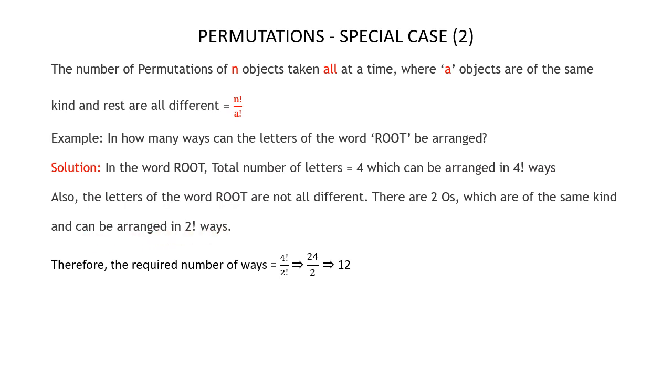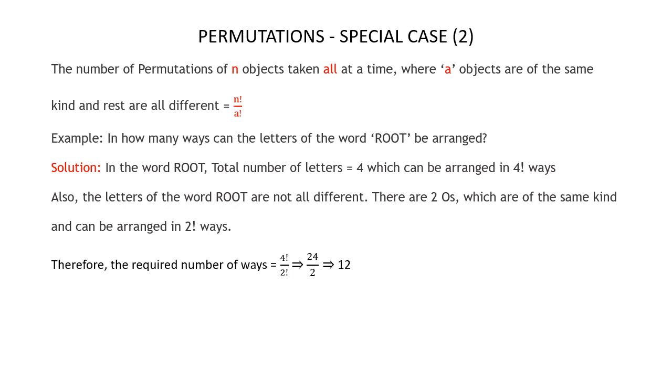Observe here that n is the total number of objects, which is the total number of letters in the word root, which is 4, and A is the number of objects of the same kind. Here it is 2 since there are two O's.